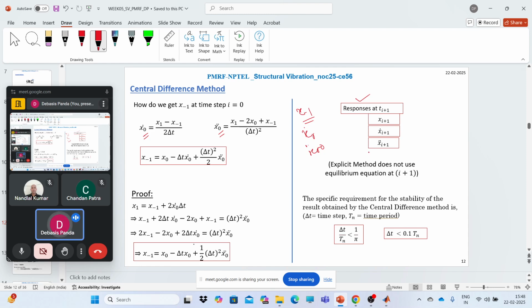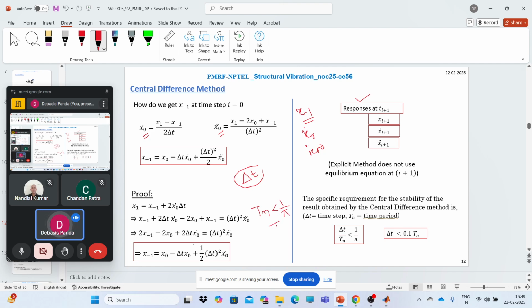Now the stability of the central difference method will depend on this delta t value. The stability criterion says that if we have a structure with time period Tn, then delta t over Tn should be less than or equal to 1 by pi.